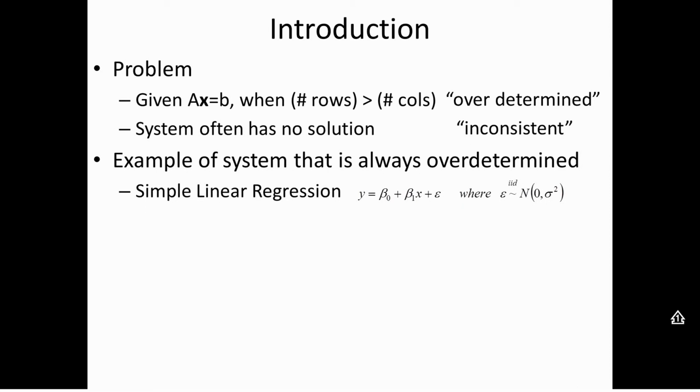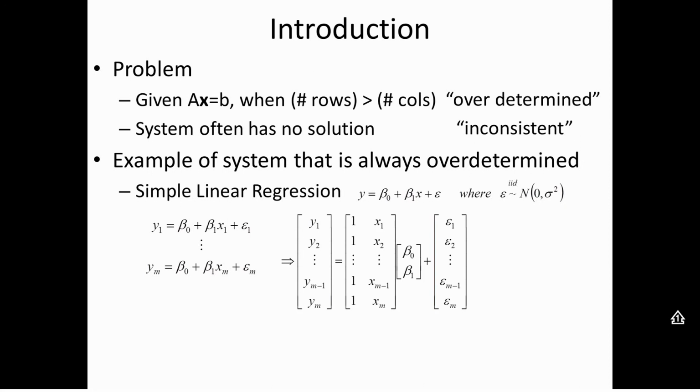And so the problem is that there's noise in this equation that generally comes from some sort of normal distribution. And so of course we collect a whole lot of data points. So if we collect m data points, we get the following system of equations. And you can see that there are too many equations for the number of unknowns.